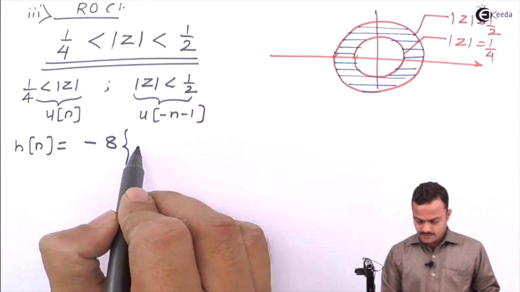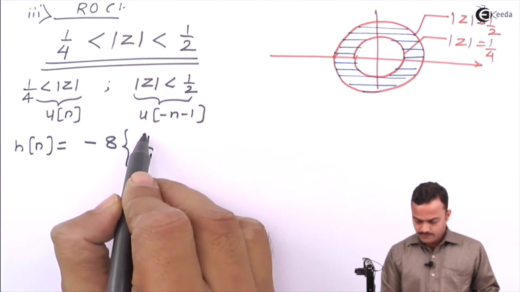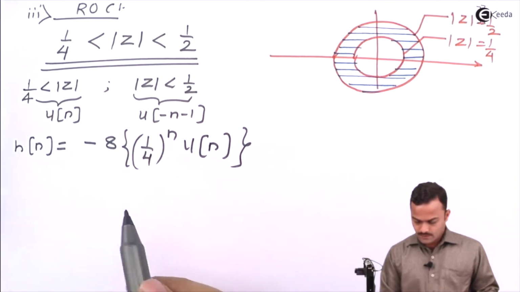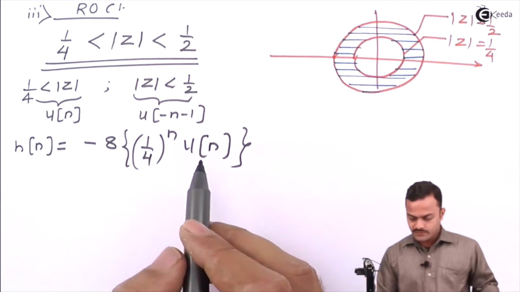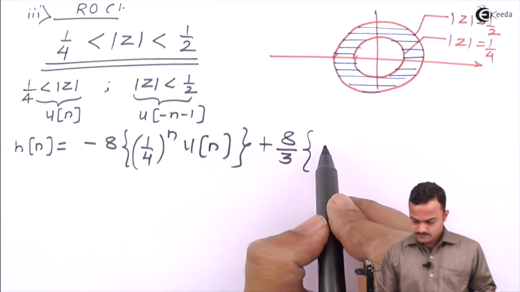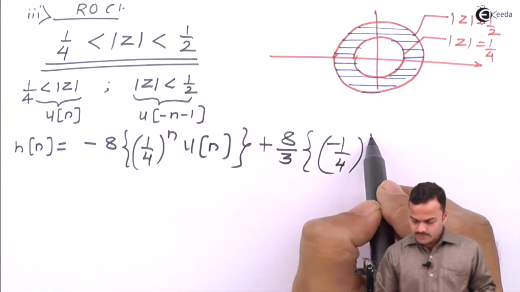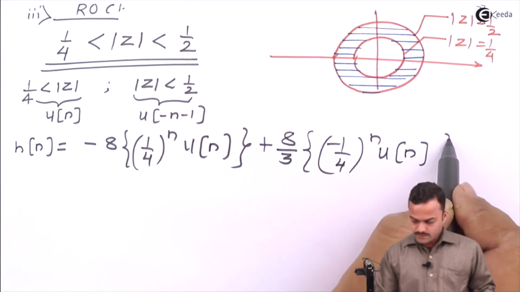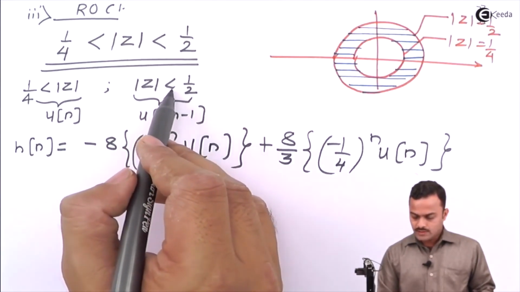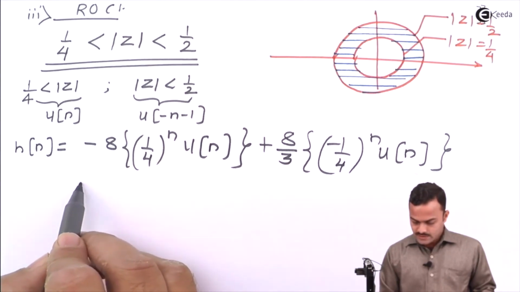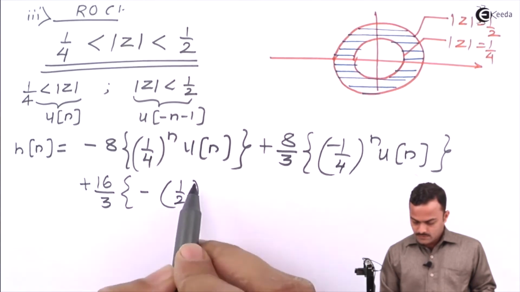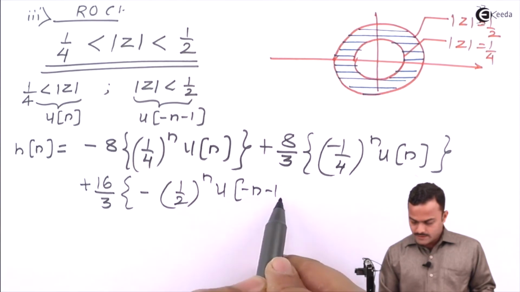minus 8 in bracket 1 by 4 raised to n u of n. The second term is also associated with the 1 by 4 radius circle, so it is 8 by 3 bracket minus 1 by 4 raised to n u of n. But the third term is associated with the radius 1 by 2 circle, and for that it is inside. So we need to adjust the minus sign, and it will be u of minus n minus 1.